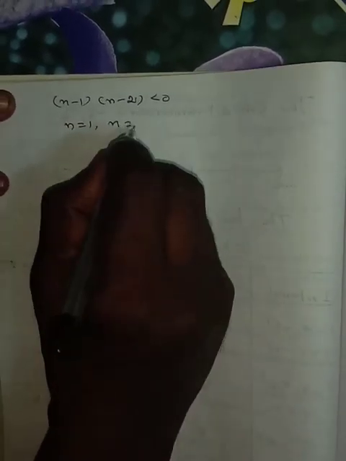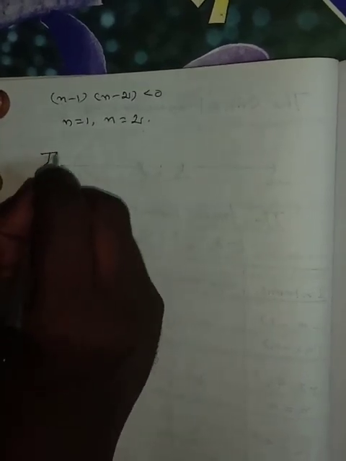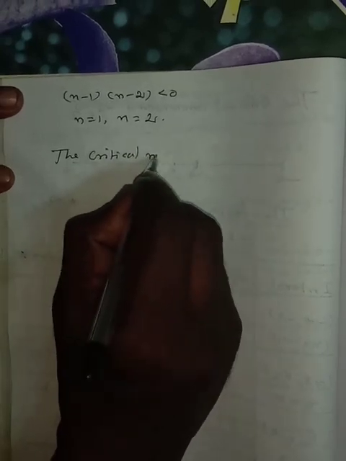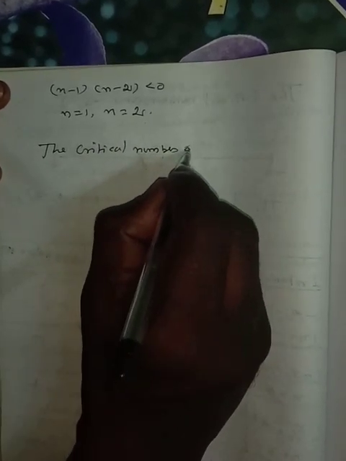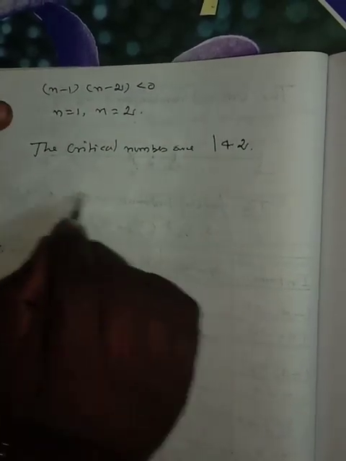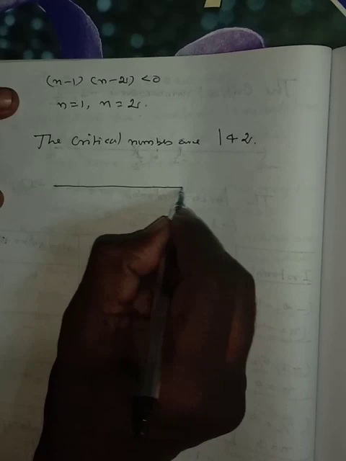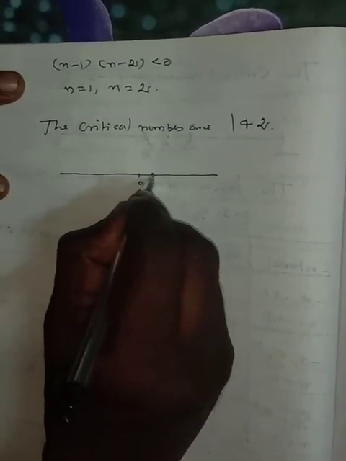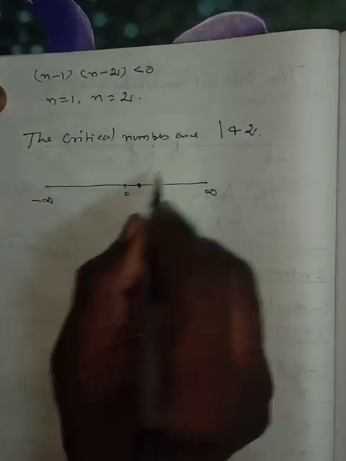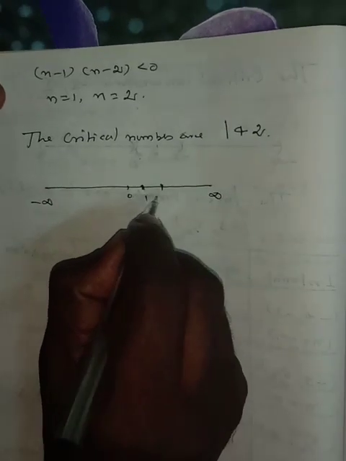So x is equal to 1, x is equal to 2. The critical numbers are 1 and 2. Draw the number line. Middle is 0, 1, 2. This side infinity, this side minus infinity, 1, 2.